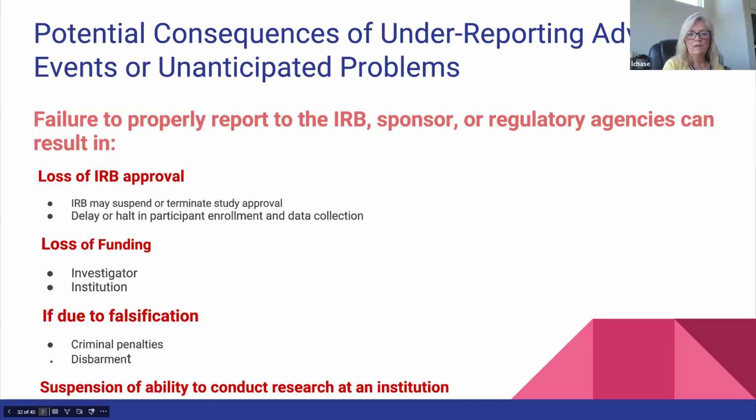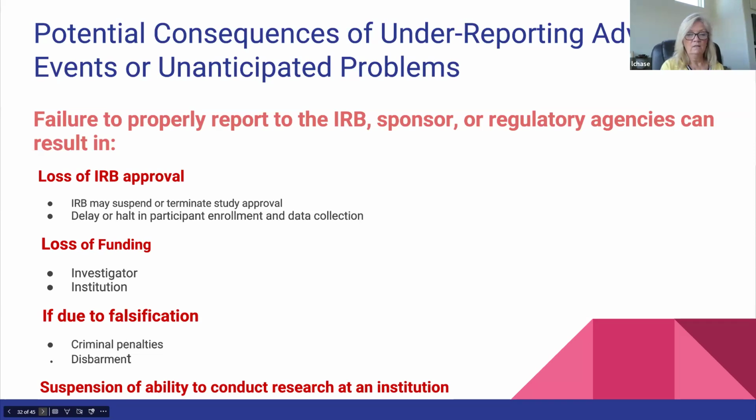So there are some consequences for underreporting adverse events or unanticipated problems. Failure to properly report to the IRB, sponsor, or regulatory agencies can result in a loss of the IRB approval. So the IRB may suspend or terminate your study approval. It may delay or halt participant enrollment and data collection.